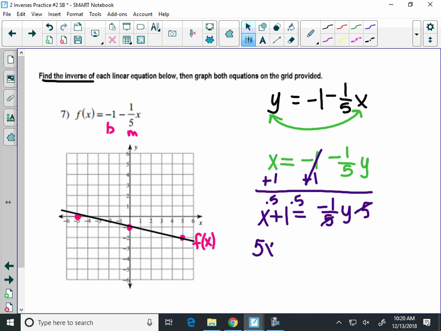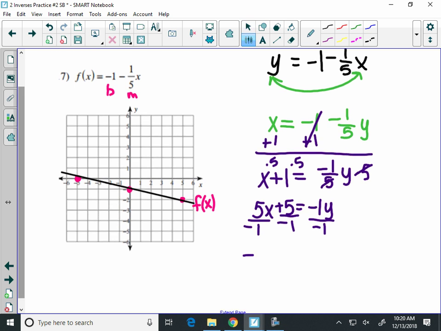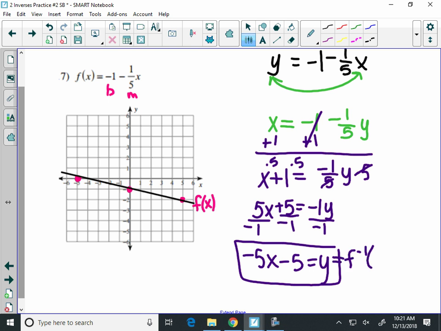That gives you 5x plus 5 equals negative 1y. Well, now I'm going to divide every term by negative 1 so that I get the equation negative 5x minus 5 equals y. That is the equation of your inverse, which now, remember, that's f inverse of x.